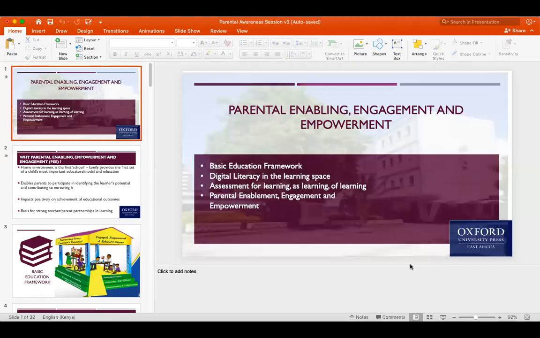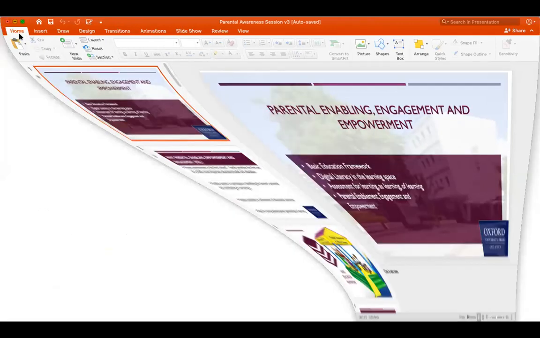Can you see my screen, Daisy? Yes, Rose, we can see it. Thank you. You may proceed. Just let me know if it's on, because for some reason I'm not able to see my screen. Just a minute again. Sorry for that.